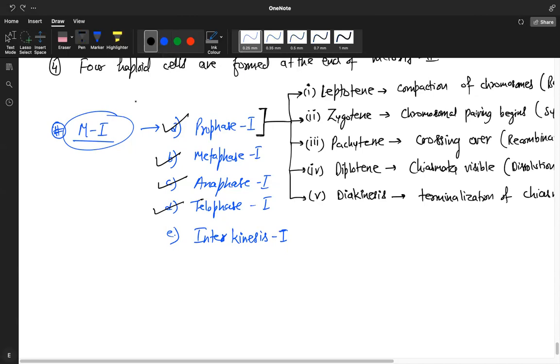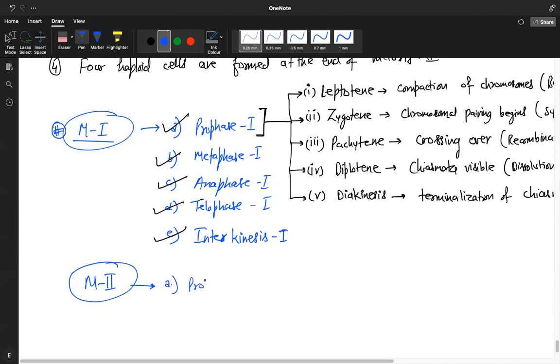And what happens in interkinesis? 2 cells are formed, and then both the cells from meiosis 1 immediately enter into meiosis 2. And the same thing happens in meiosis 2. But meiosis 2 is just mitosis, so it is very simple. It's exactly the same thing as mitosis.